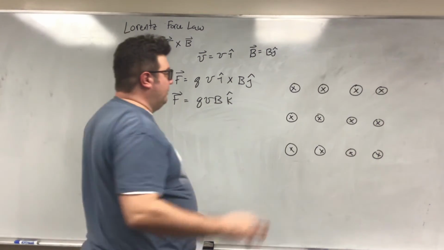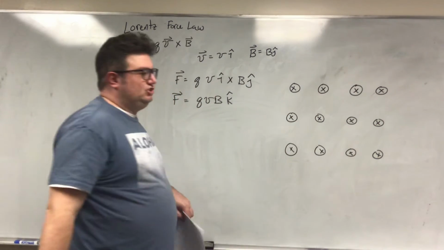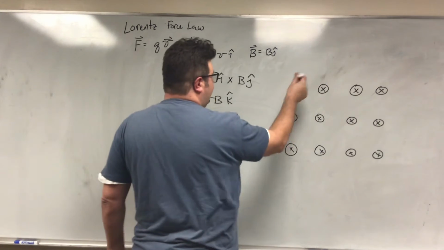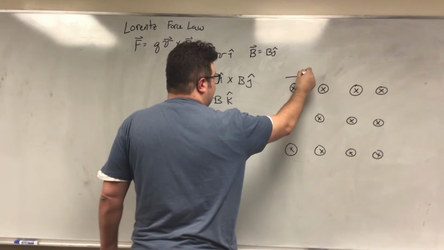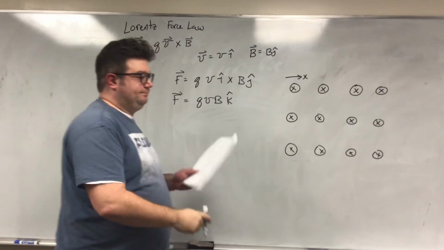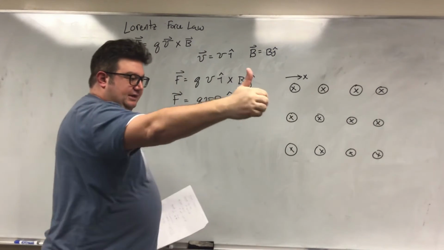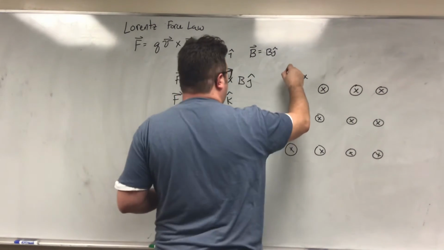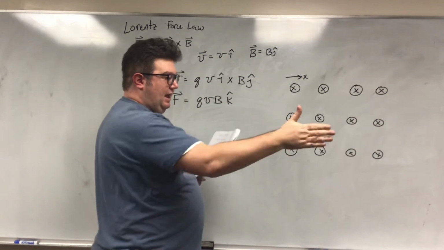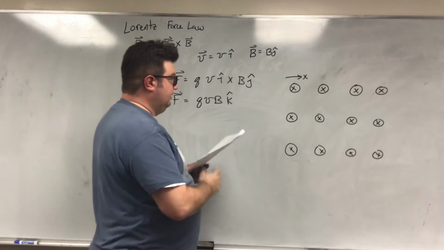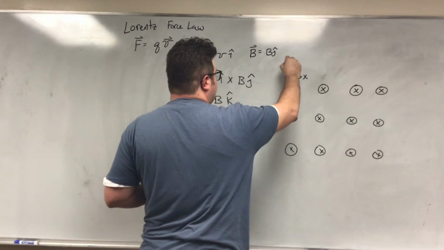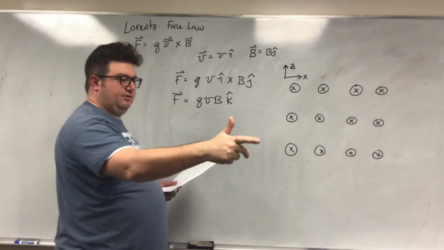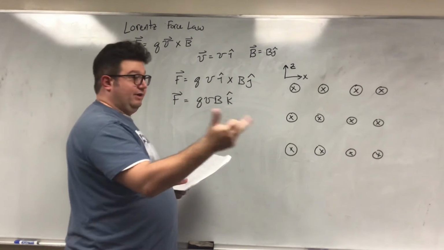If they're pointing into the board, that means that J is in. So if we start with I, or the X direction here, X, J, K, then that's going to be Z. You guys know this one.